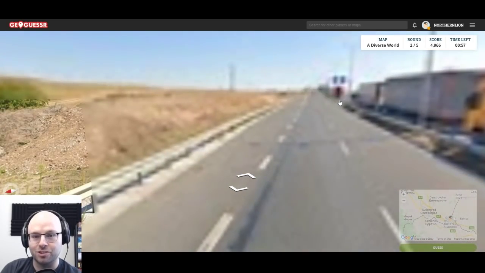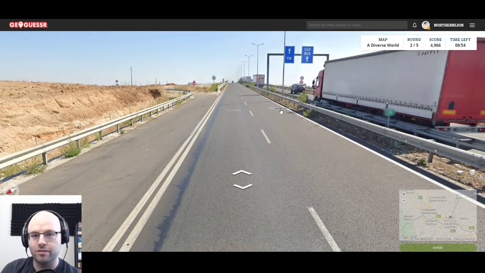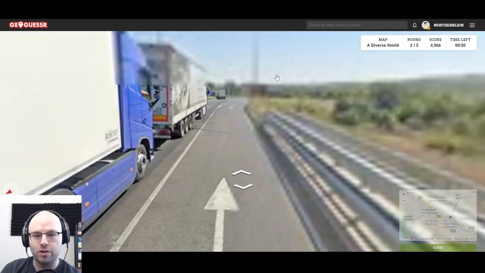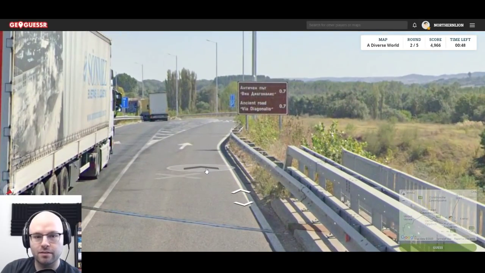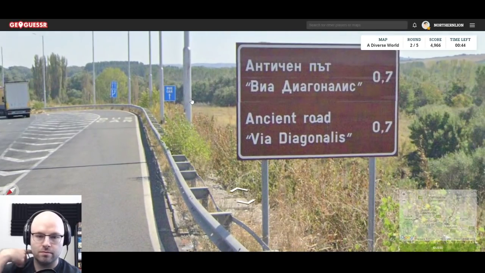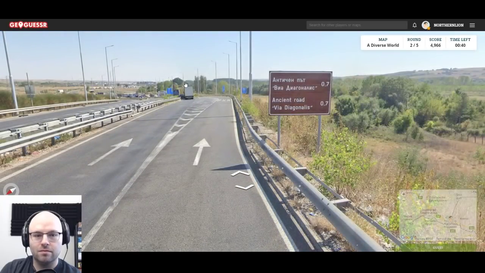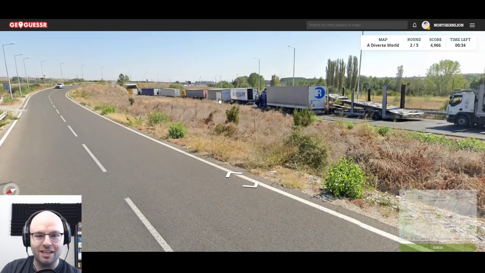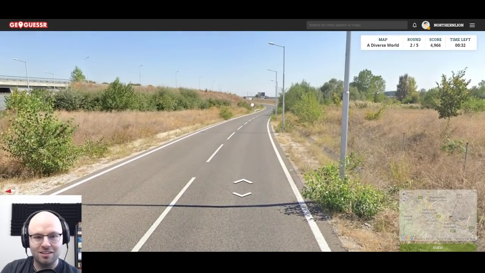By the way, have you seen how much traffic there is on this one side of the road? No. Okay, we're in two different parts then, but I'm at a gas station right now. I've been sitting still for a while now. Oh yeah. Ancient road, and then in quotation marks it says Via Diagonalis.